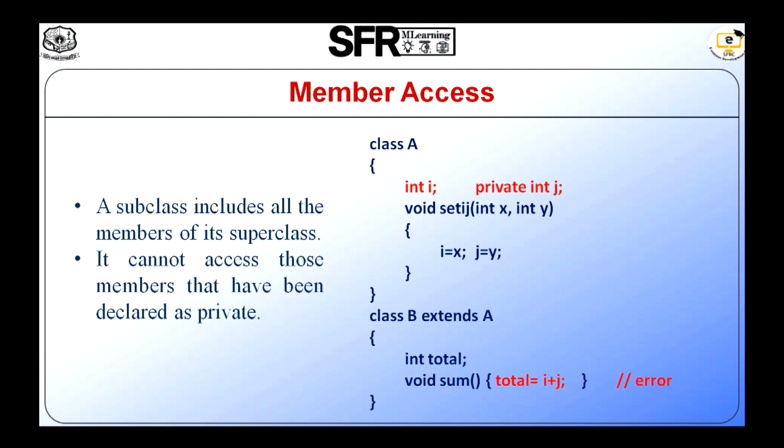One is int i. If you didn't specify any access control before that, it will take it as public. The next one is private int j. When you access these two variables in the subclass, that is class B, you can access only int i. You cannot access int j because it is a private variable.